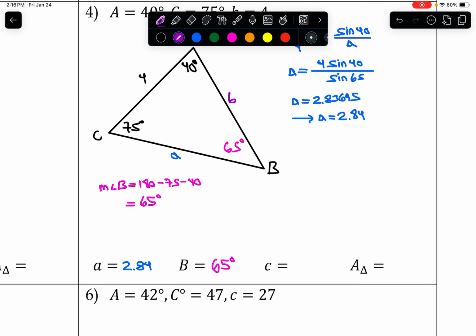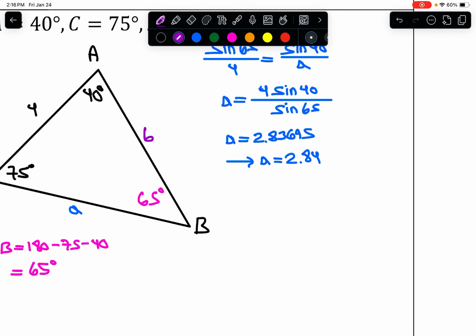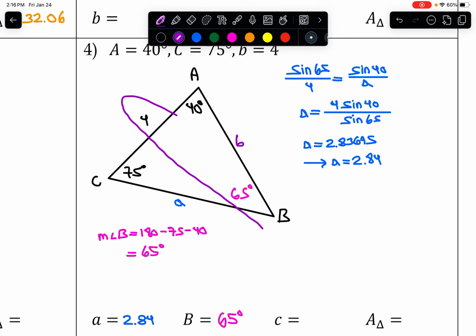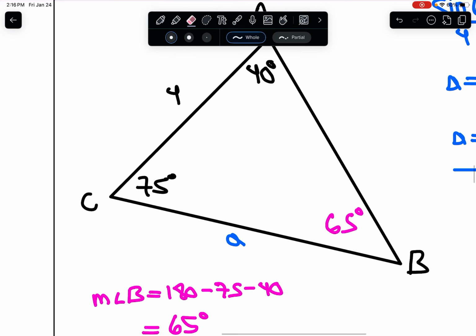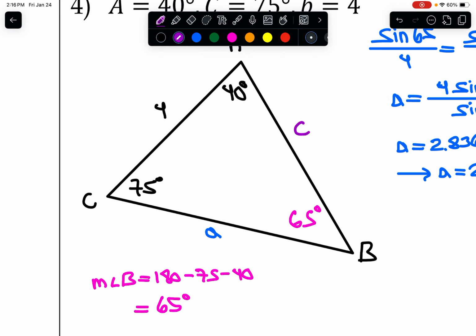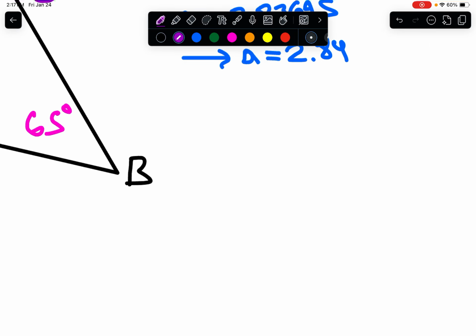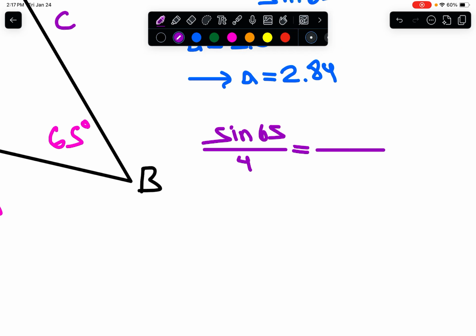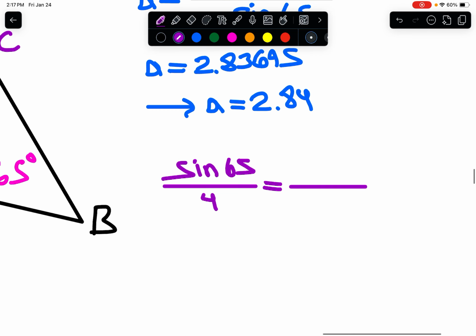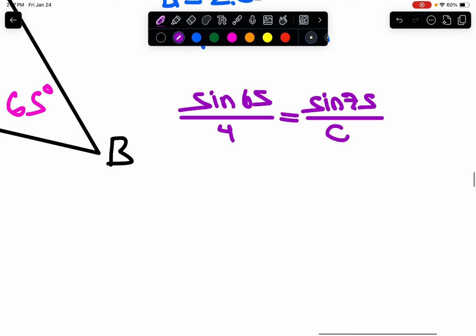All right, now I'm ready to move on to the last side. I'm still going to use my pairing over here. Ooh, I labeled that as B. That should be a C. My bad, y'all. So now let's do sine 65 over 4, and that's going to equal sine 75 over C. Once again, cross multiply.